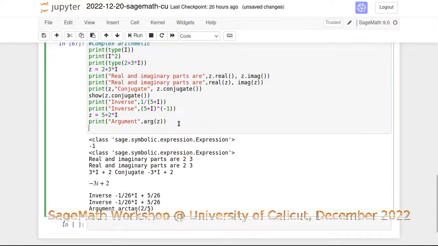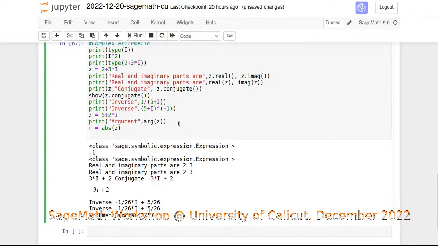Z we have already taken. R equal to absolute value of Z. So R is now formed. What you next need is the argument. So that's it.